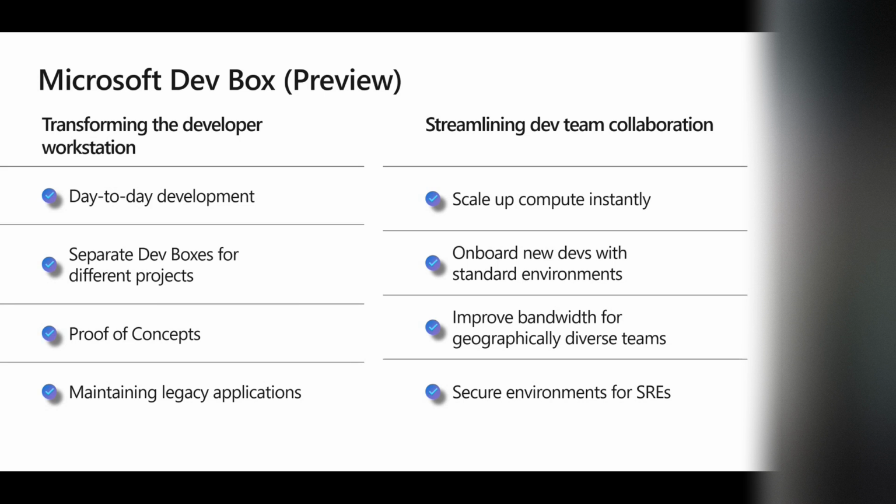Some of the scenarios it is trying to address: let's say you want to do a POC, or you are working on a project where you're not sure what type of hardware spec you will need. You can start with this, see what feels right, and then probably go with a physical machine option.